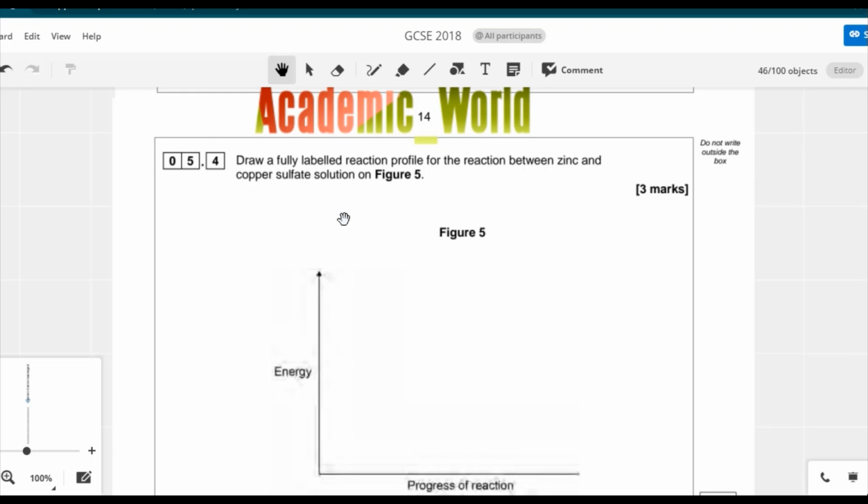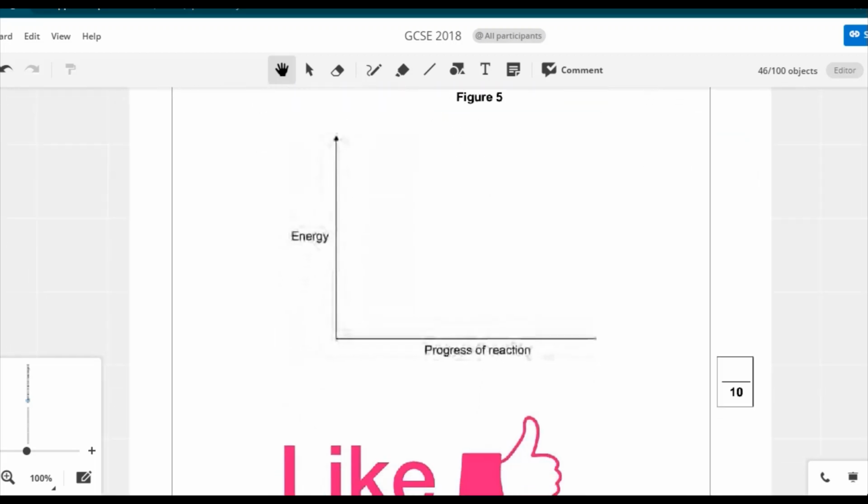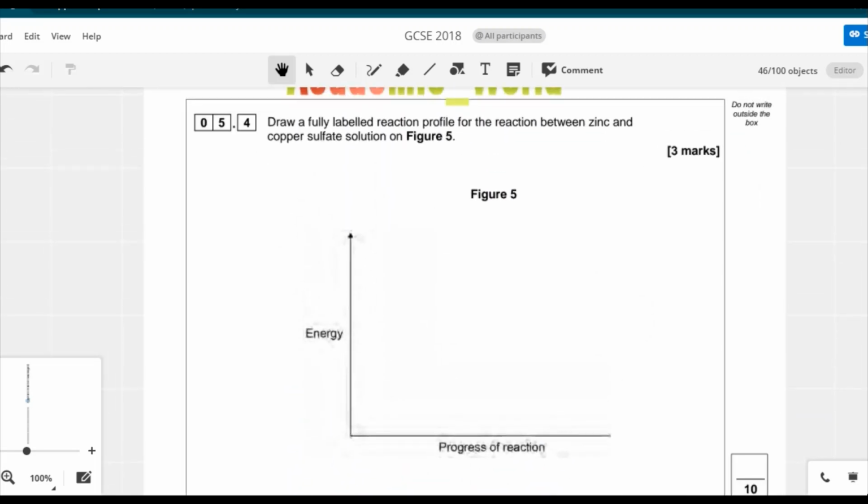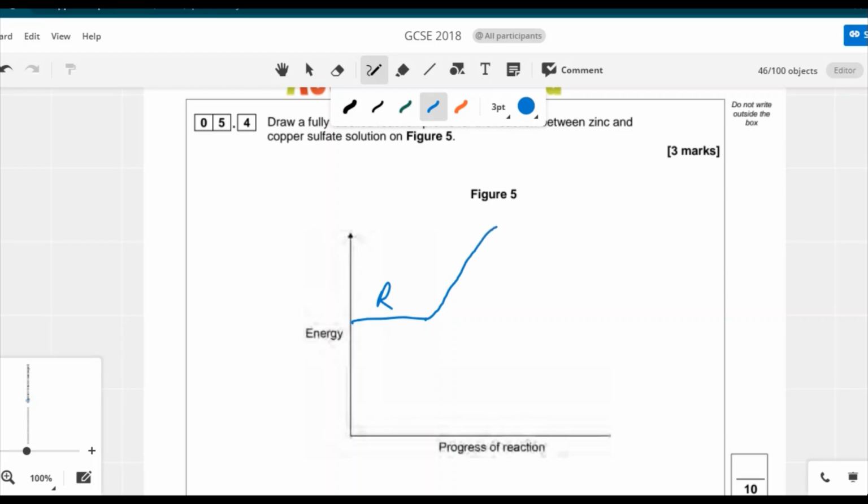So for that we need to label the correct shape for the exothermic reaction, because here the exothermic reaction occurs. So for that we need to put here the reactant, R, and then there will be an activation energy, and then here the product.